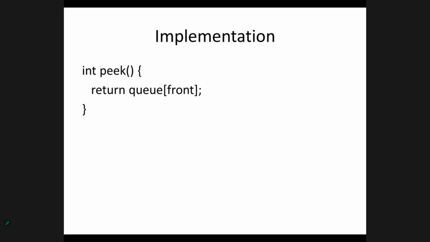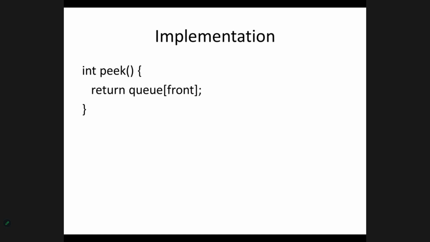This is the implementation in C, because it will provide the output. Peek is the procedure, and then it starts and returns the queue front. Because we are defining front and rear in the queue, it will be able to access the front element.